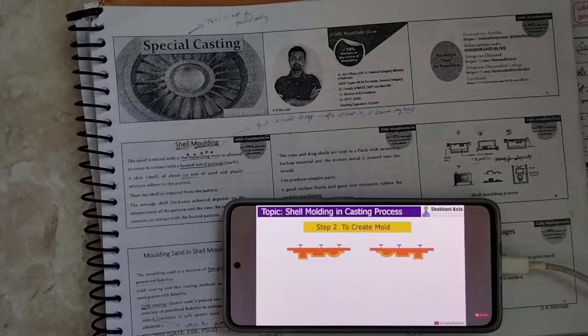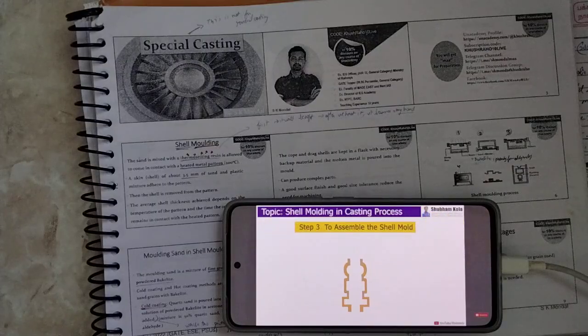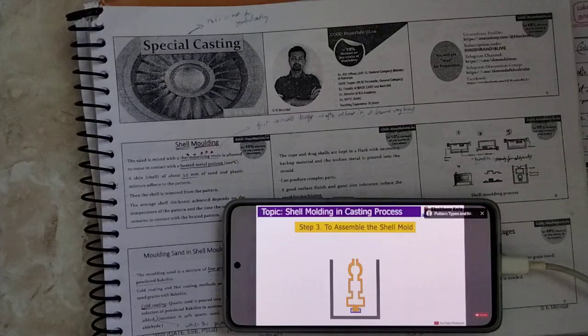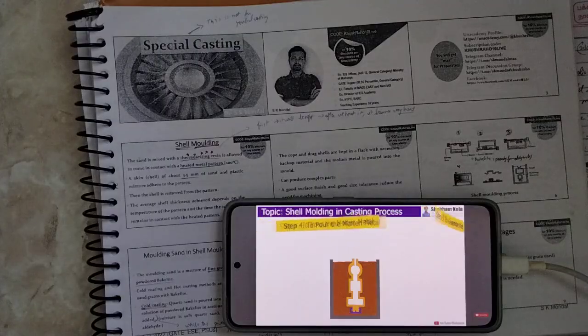Each pattern half and surrounding shell is cured to completion in an oven, and then the shell is ejected from the pattern. The next step is to assemble the shell mold. Here two shells are joined together and securely clamped to form the complete shell mold. The shell mold is then placed in a flask and supported by backing material. The next step is to pour the molten metal. During this step, the mold is securely clamped together.